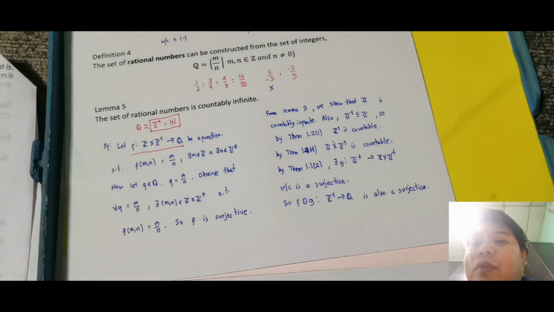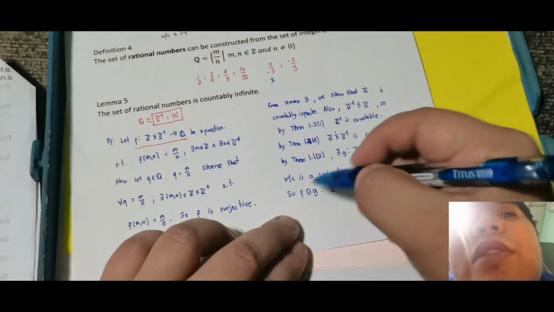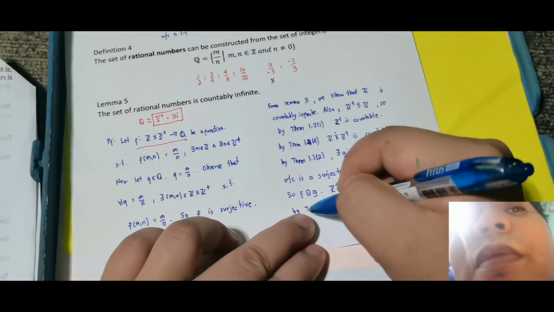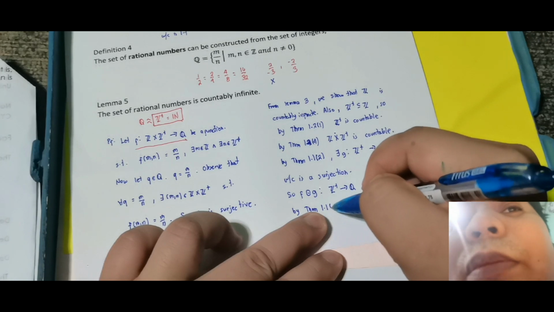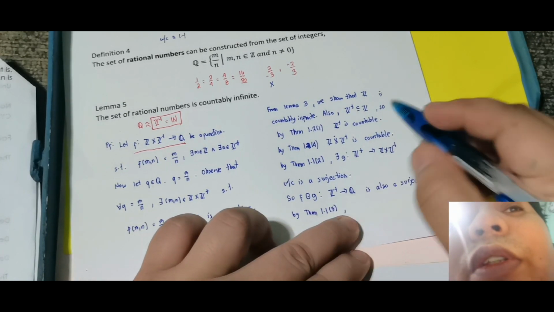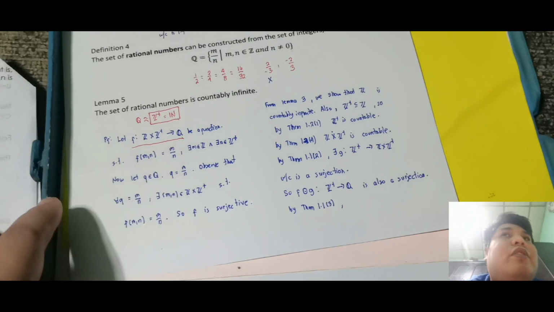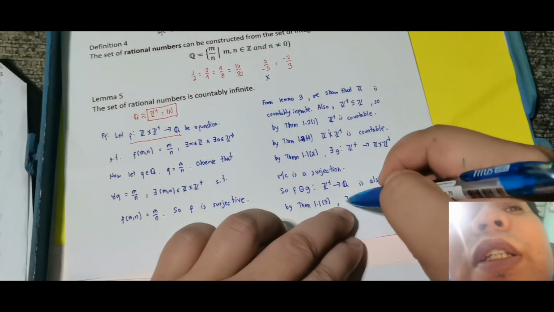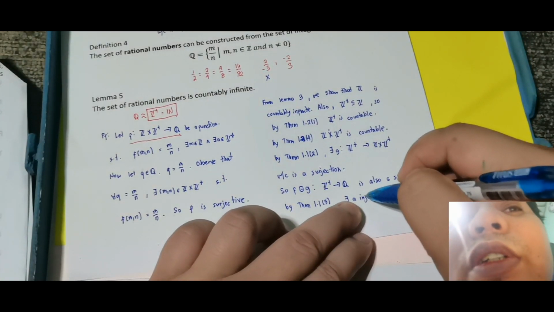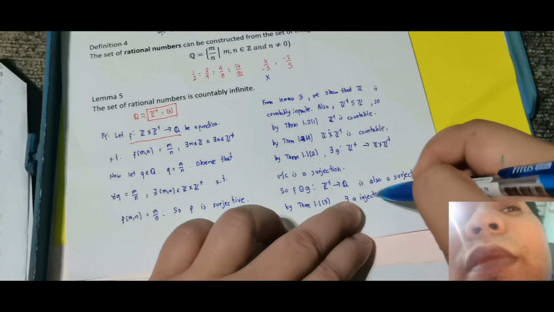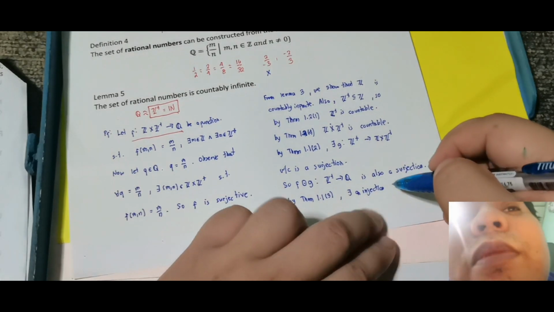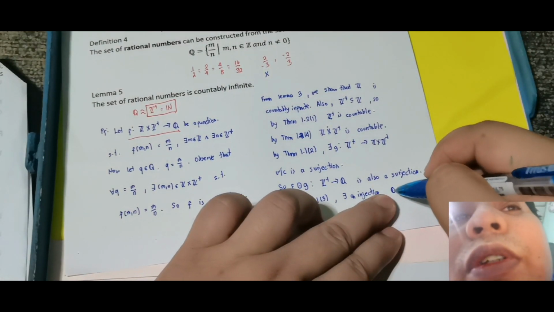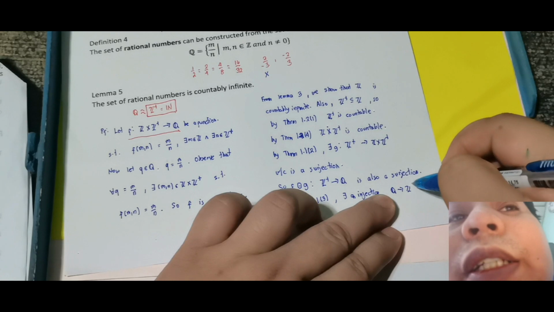So, by theorem 1.1 number 3, there exists an injection function mapping from Q going to Z plus.